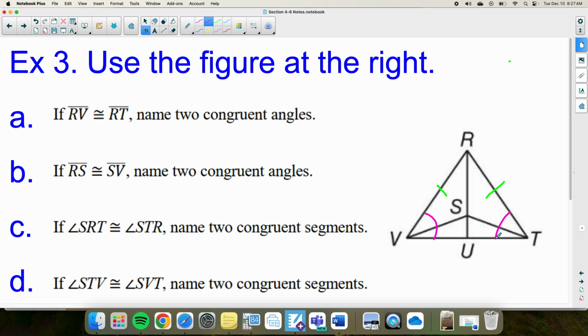Again, I would have to use three letters there because there's three different angles with the vertex of V. So I'm gonna say angle RVU or RVT. Either of those would be right, or you could say UVR or TVR. And then over here, I could say angle RTU, RTV, UTR, any of those would be good.